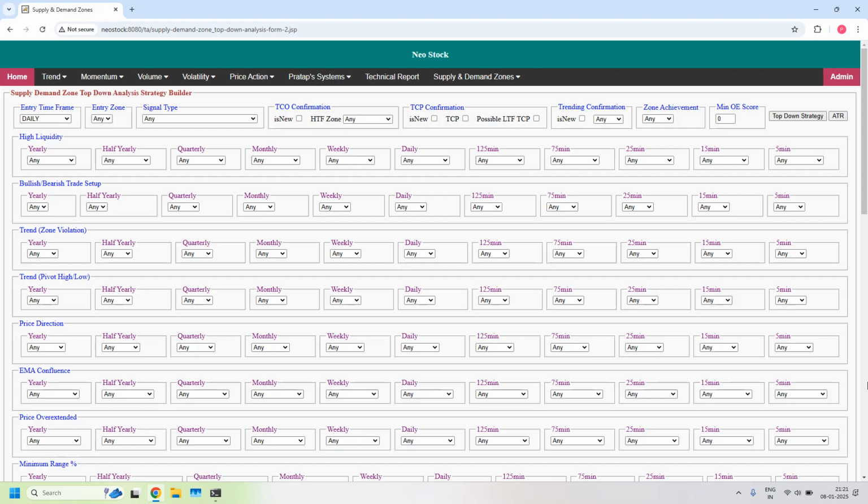And also we will generate price closed inside monthly, weekly, daily demand zones or supply zones along with their EMA Confluence. And we will also identify daily and 75 minutes high liquidity zones. Later I will generate NIFTY, BANKNIFTY supply demand zone chain and then bullish and bearish trade setups for monthly, weekly, daily income trades and finally stop buffers based on daily ATR.